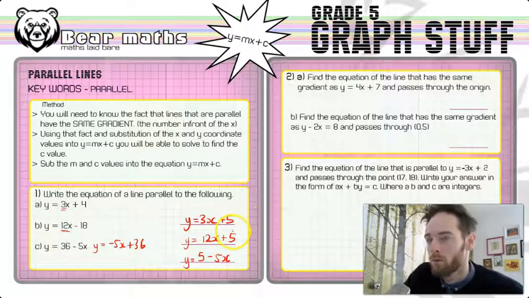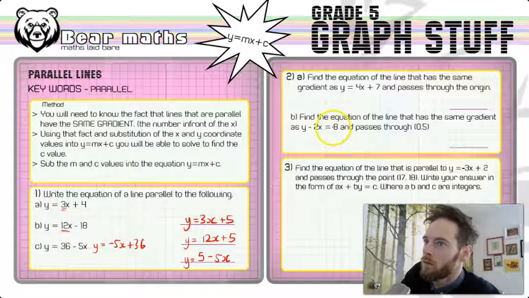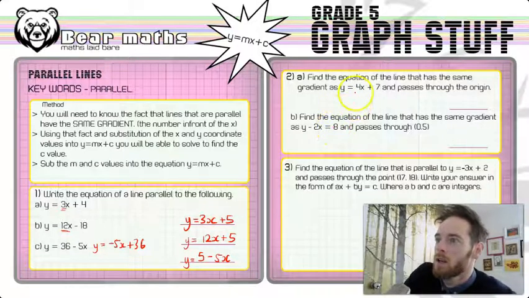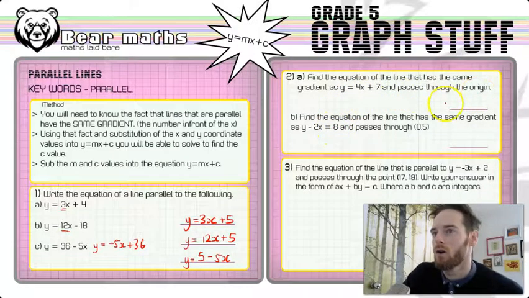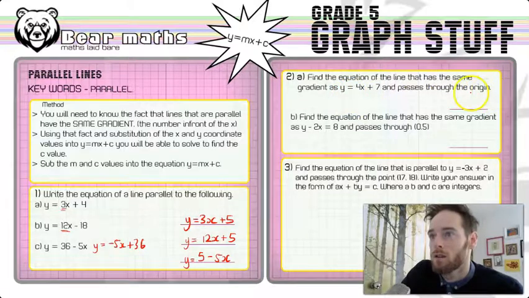That's pretty simple stuff. But now we move up to the harder stuff, the grade 5 stuff. Find the equation of the line that has the same gradient as y equals 4x plus 7 and passes through the origin. Now the origin is the point 0, 0. So actually that's relatively simple if you know what the origin is, because it's going through the point 0, 0.